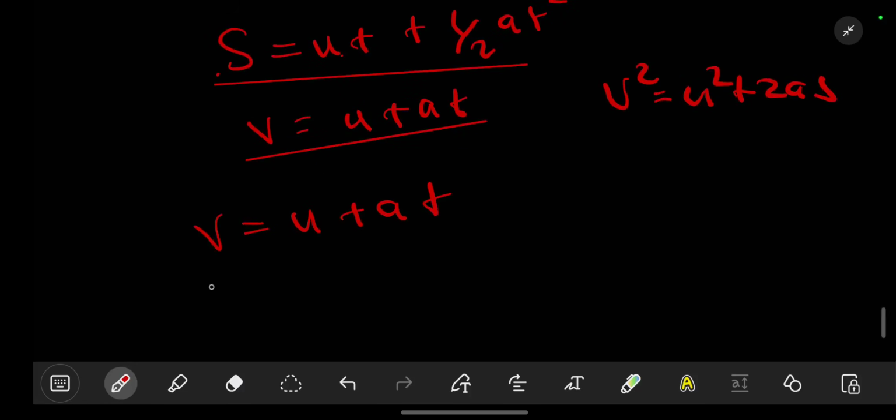Our final velocity of the mango at the maximum height is 0, equal to u, our initial speed, which we have found to be 30.35, plus the acceleration, which is negative. Remember, it's the acceleration due to gravity, and if you throw something up it is opposing, so it's negative 9.8 t.